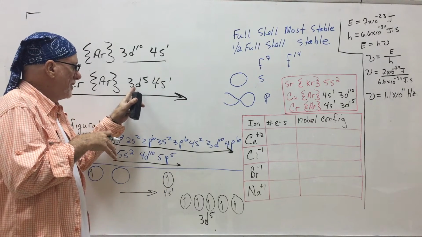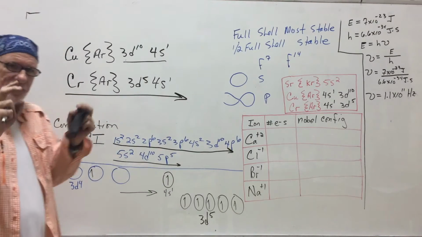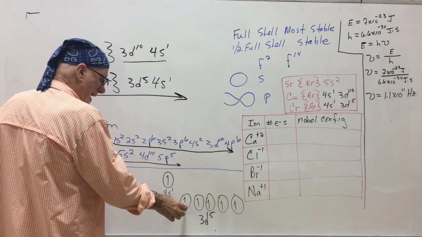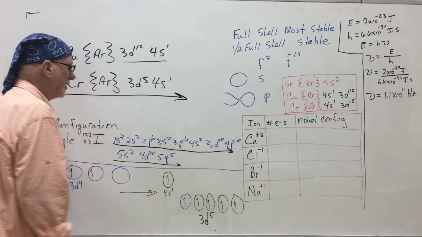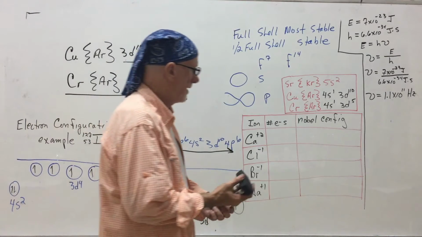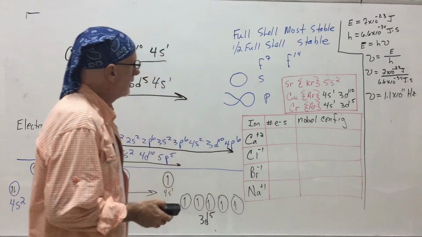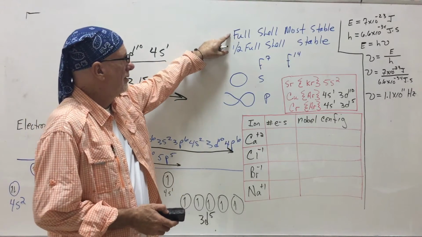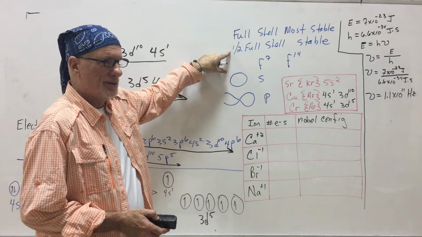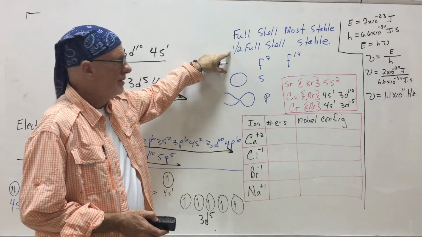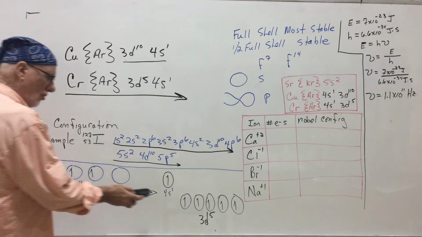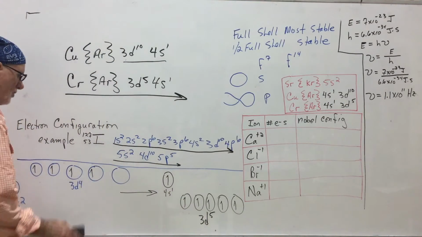And because you get this sort of hybridized state, these are actually lower energy than that. So you could actually argue that it would be 3d5, 4s1. Now, remember, a full shell is most stable, but a half shell is stable as well. Let's not say very stable, but it is certainly stable. So that's why you get this drive for the half-filled d in chromium.